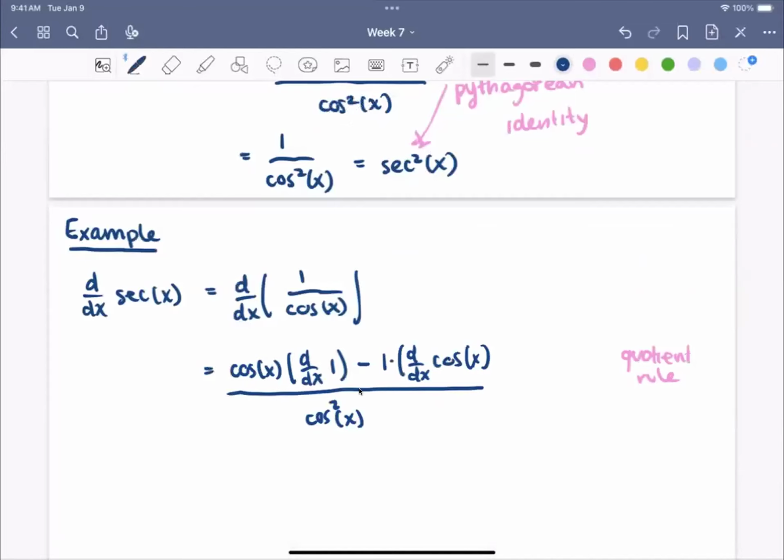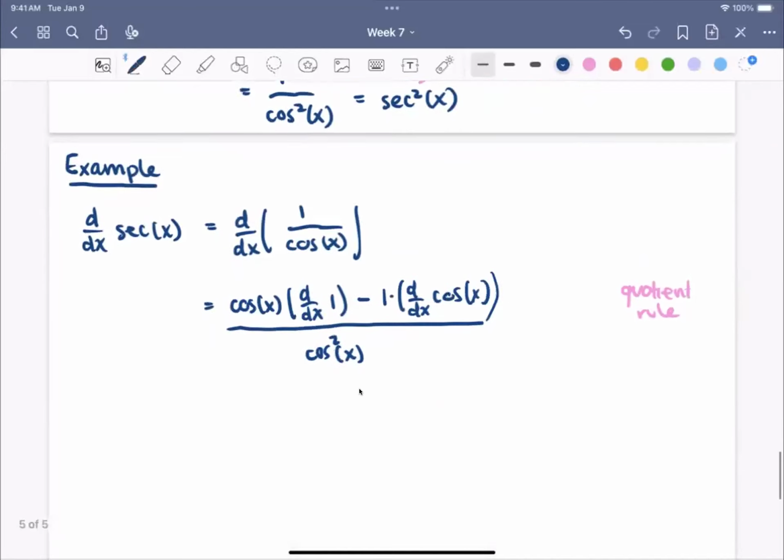Okay, so let's simplify. d by dx of 1 is 0. So here we just get 0 minus, well, the derivative of cosine is minus sine. Don't forget the minus there. This is minus sine of x.